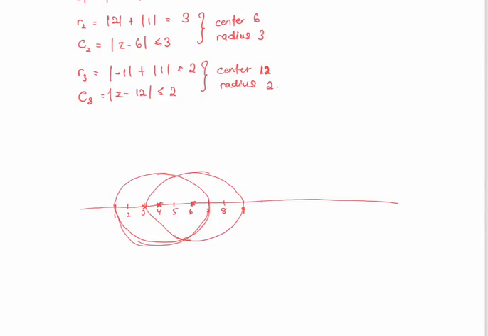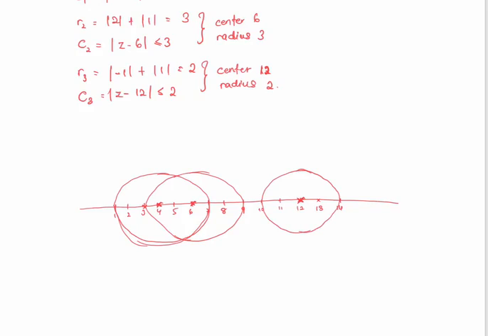So here is 10, 11 and 12. And we have our center at 12. And the radius is 2. So that to the right, we must have up to 14. While to the left, up to 10. And then we can have our third circle, like this.